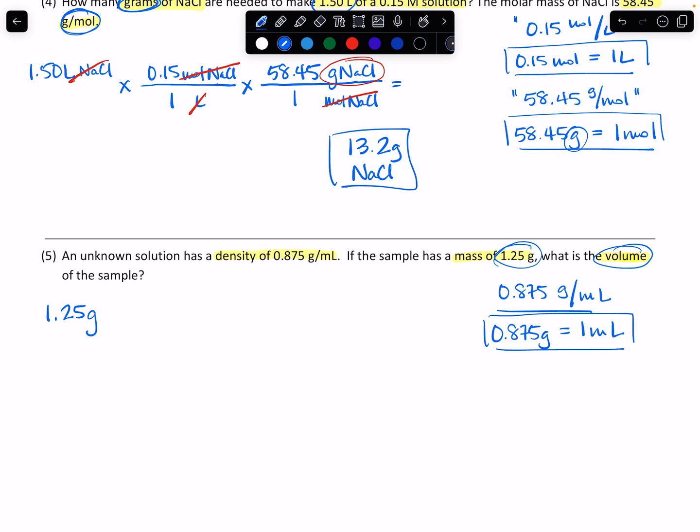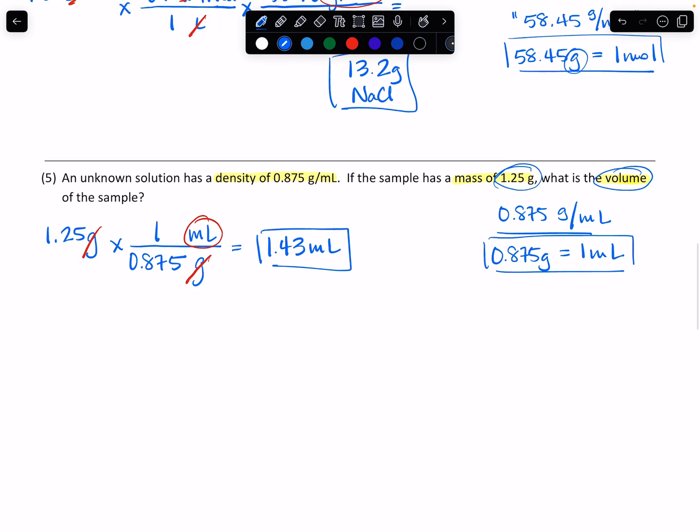So 1.25 grams, and we're going to set this up to put the gram in the bottom, the milliliter up top, and we know that in this particular solution, 1 milliliter of that solution contains 0.875 grams of that substance. So our units of grams are going to cancel. We're going to be left with the milliliter. Do our division here, and we find that we must have 1.43 milliliters of this solution.